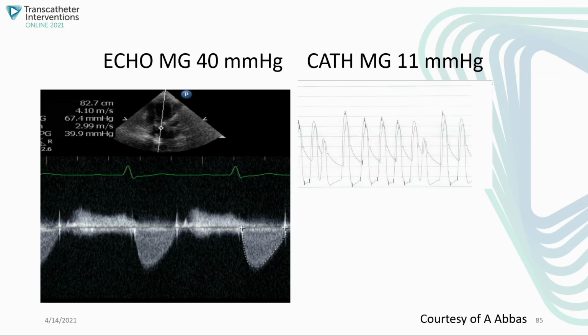And then you may wonder, is there any dysfunction, any issue with this valve in valve? And on the other hand, at the same time, by CAT, by invasive measurement, you got a mean gradient of 11. So there is here a major discrepancy, major discordance between echo and CAT.